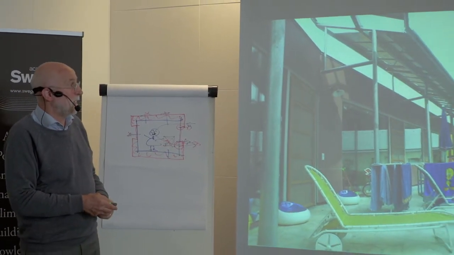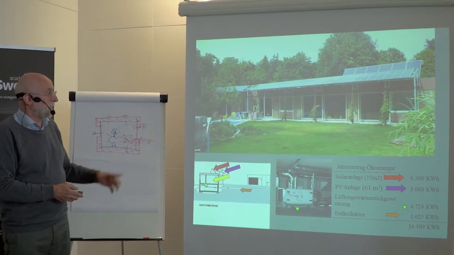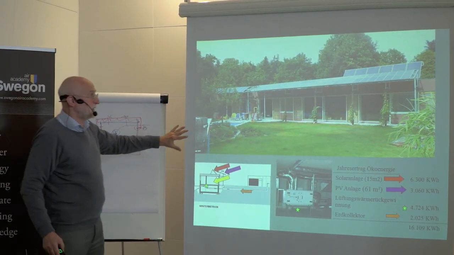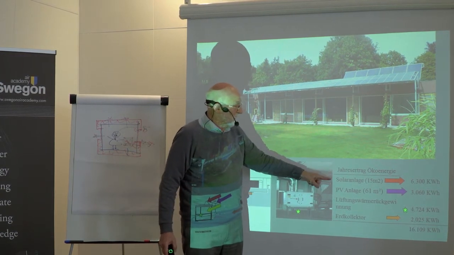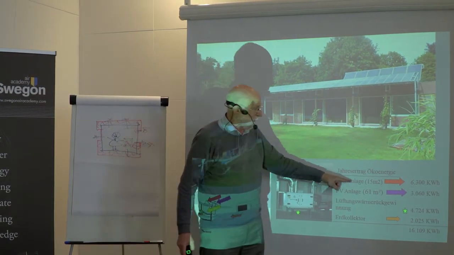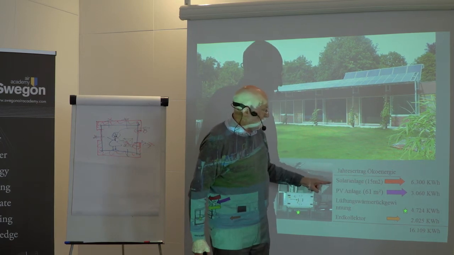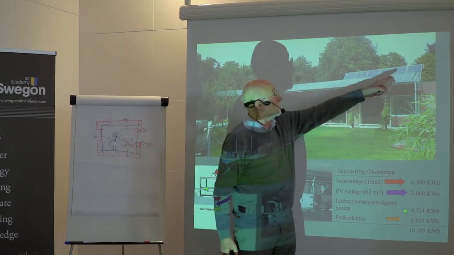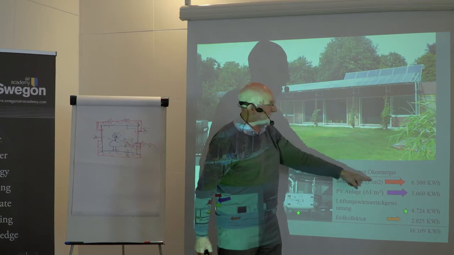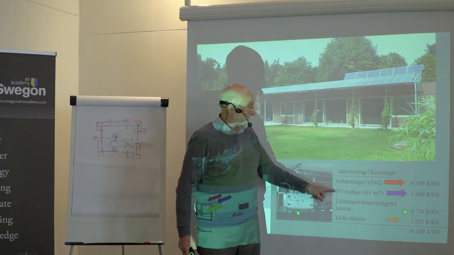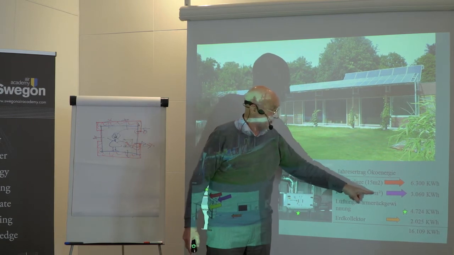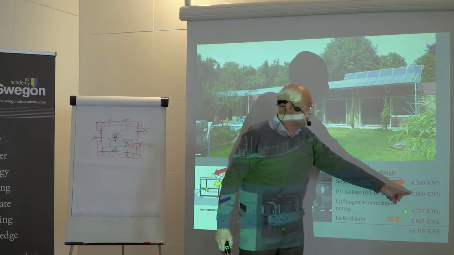A one-family house in Vienna. It's interesting. Here you can see how much energy you get out of these different strategies. If we have a thermal solar collector, 15 square meters, it's this one here, we get out 6,300 kilowatt hours. With a PV installation of 61 square meters, we get out half of it.